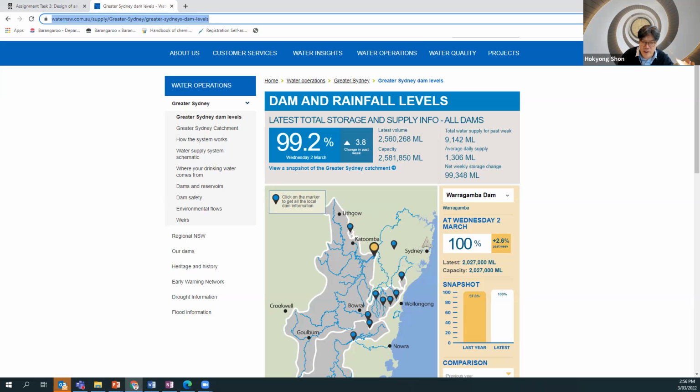So this is how we get very good quality fresh water from Warragamba Dam. You can see today 100% dam level. And then you can see those different dams, 97% near Wollongong, 89%, also 100%. So they interact with each other to deliver your water source. So that's based on your dam level.